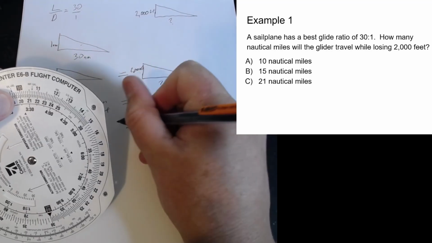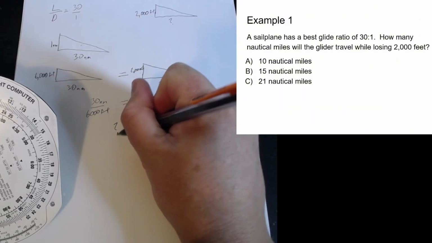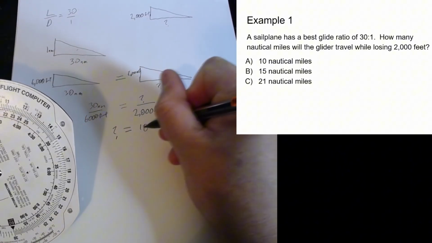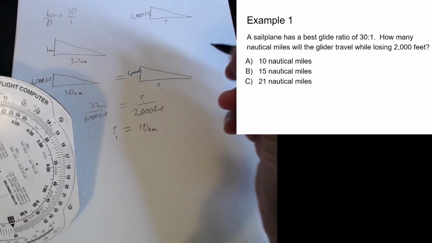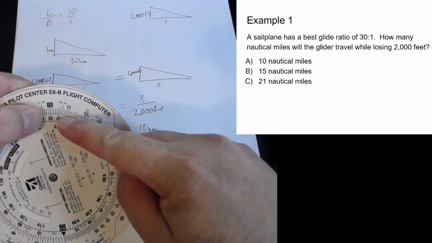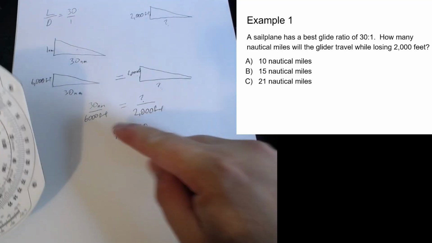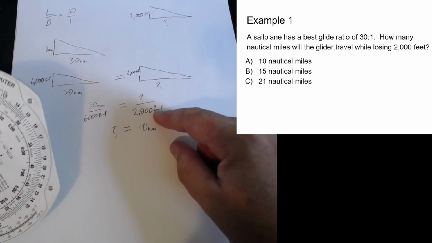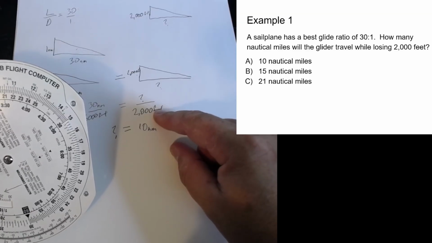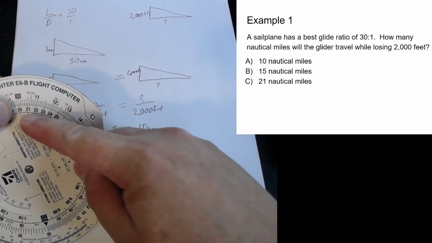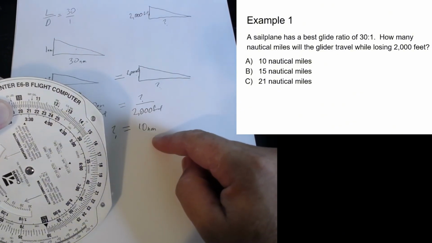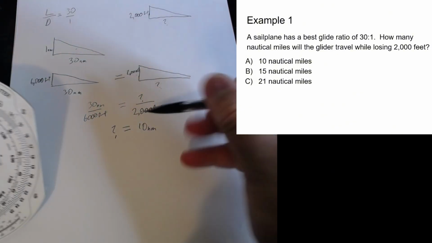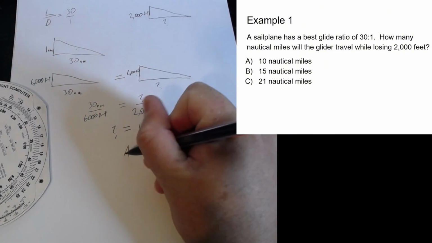So therefore, we can say our question mark is equal to 10 nautical miles. 30 on top, 60 below, and then we just rotate it: 20 below, 10 on top. And so the answer is A.